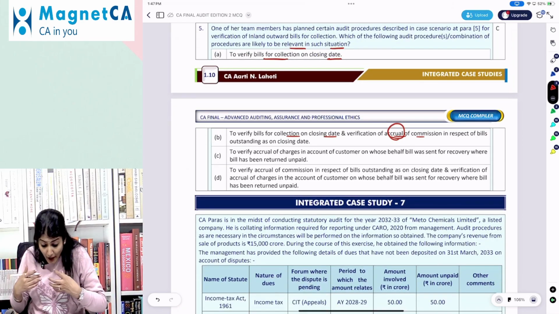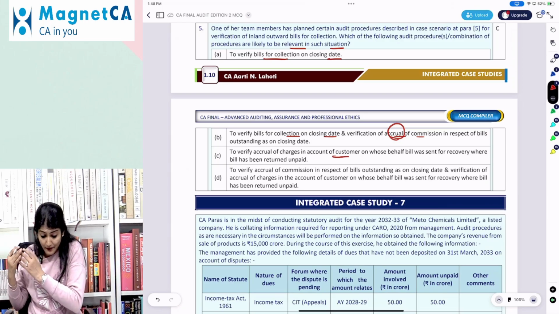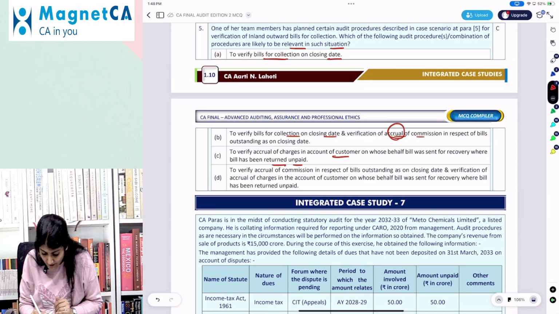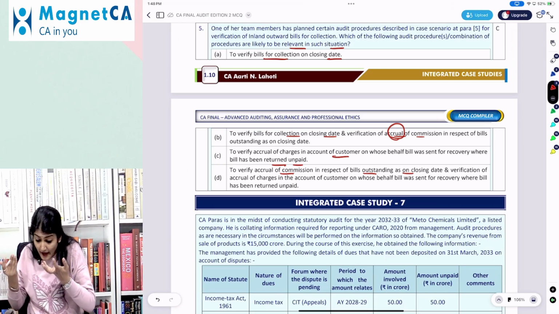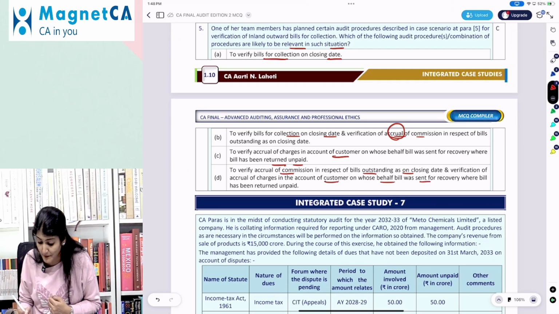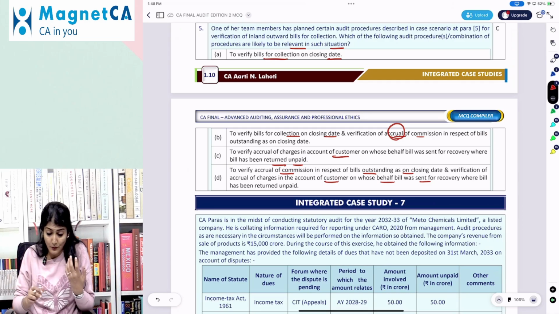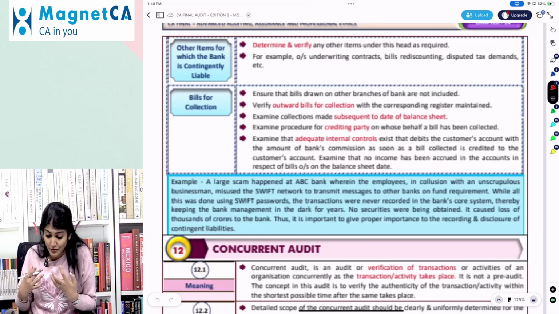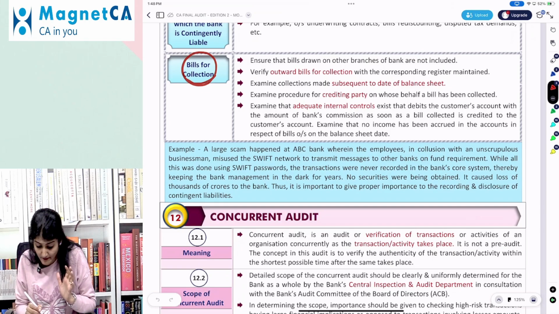To verify the accrual of charges on account of the customer on whose behalf the bill was sent for recovery, where the bill has been returned unpaid, and to verify the accrual of commission in respect of bills outstanding as on the closing date. The income should be recognized only when the bill has been collected, right? So what does it say?